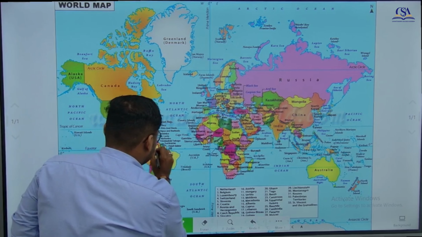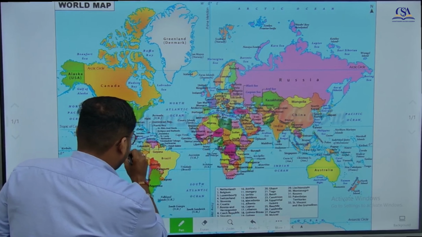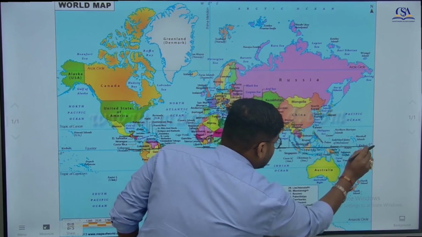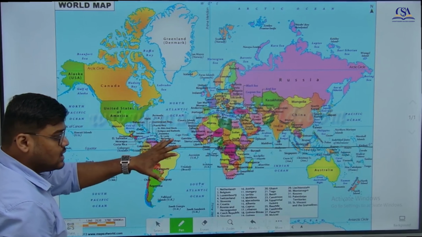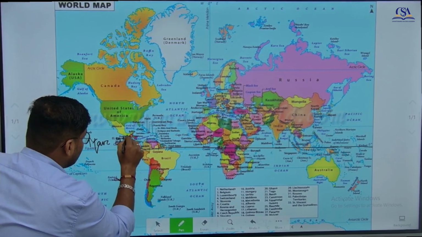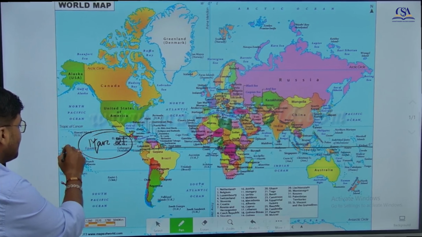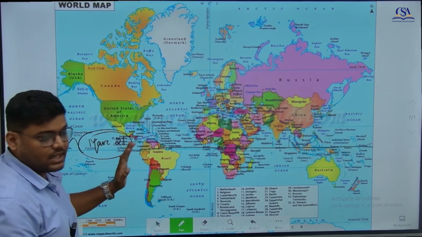So whenever this ITCZ moves, this is the position of equinox as of March 21st. We cannot be sure that this is the exact equinox date, but yes, it is the approximate date.